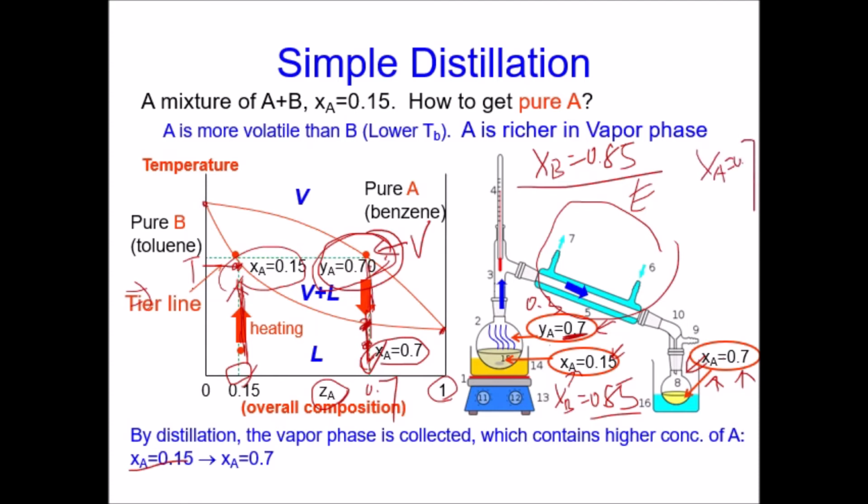So from a high concentration of B solution, after distillation we get a high concentration of A, and we achieve some degree of separation. A and B are separated, but not to a high degree because we only get 0.7 A. In general, simple distillation cannot achieve 100% pure separation.